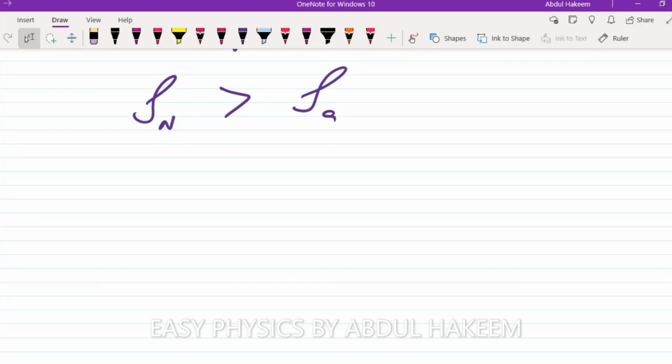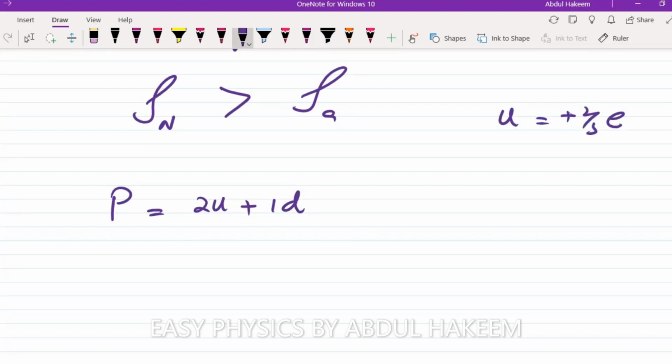Okay, now the particles inside the nucleus are called hadrons. They are made up of quarks. So you have to remember up and down quarks. So proton is the famous hadron. It has 2 up quarks and 1 down quark. Up quark has charge plus 2 by 3 elementary, and the down quark has charge minus 1 by 3 elementary.